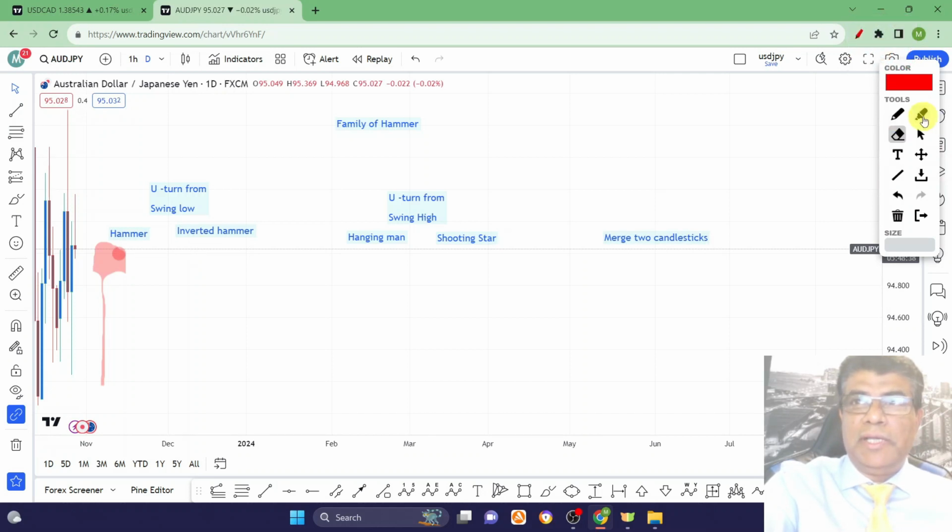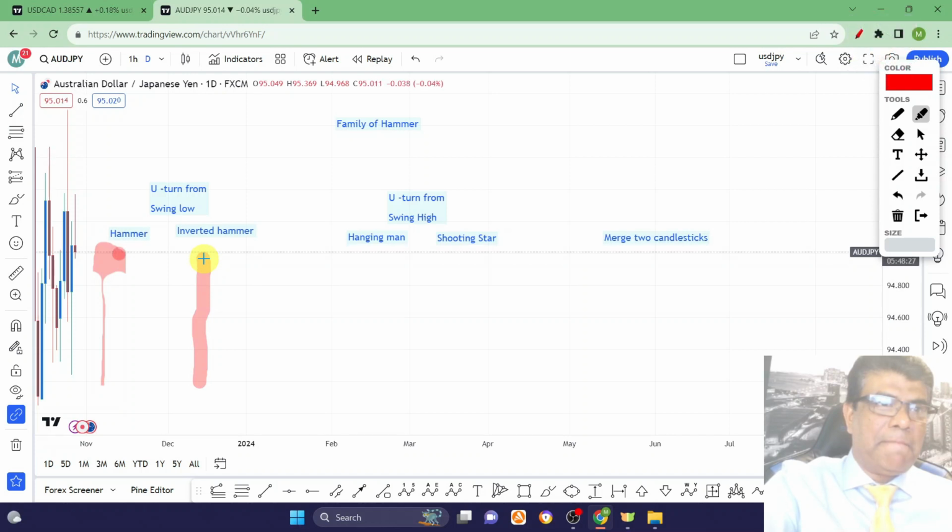Okay, and now it's the same thing, but this one is an inverted hammer. So this one basically started from here, now okay, now all of a sudden, as you can see, the stock is going.